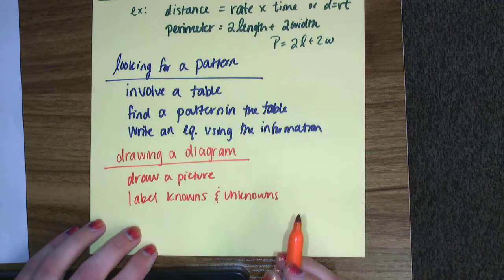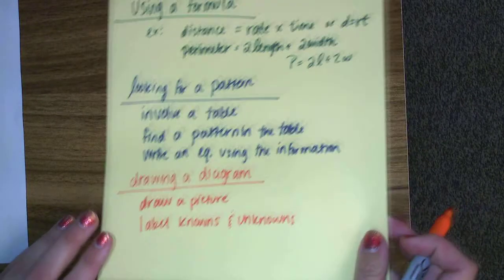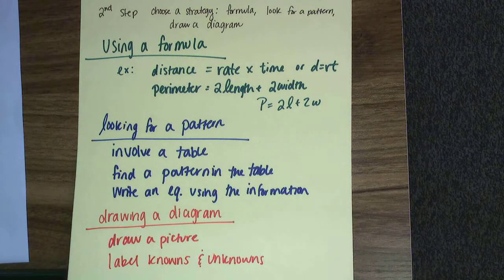Okay, so just a quick little run through here since that went a little faster than I even thought it would. For the drawing a diagram part, okay, this is going to involve something like, let's say your parents have a wall and they have 6 pictures that they want to put on it, and they want them to be evenly spaced from end to end.